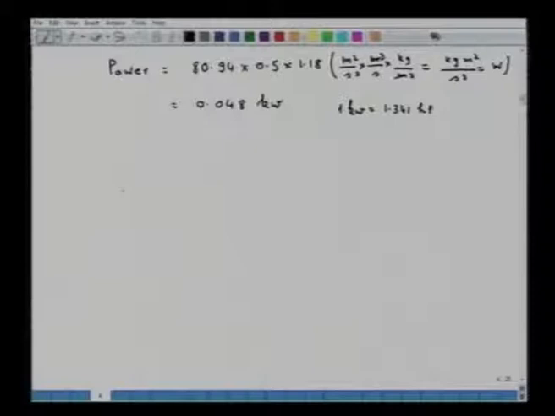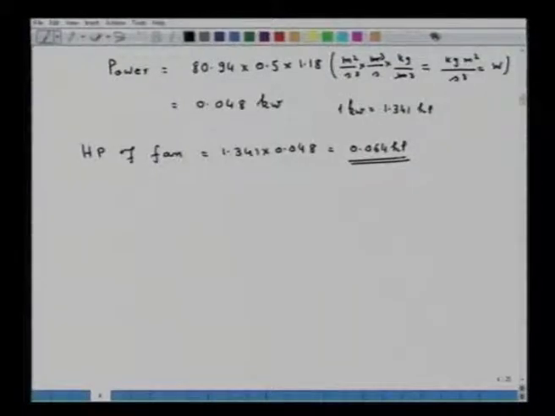Therefore, the horsepower of the fan required will be equal to 1.341 into 0.048, and that will come out to be equal to 0.064 horsepower. So, that is how you can apply the mechanical energy balance equation to calculate the capacity of the fan.